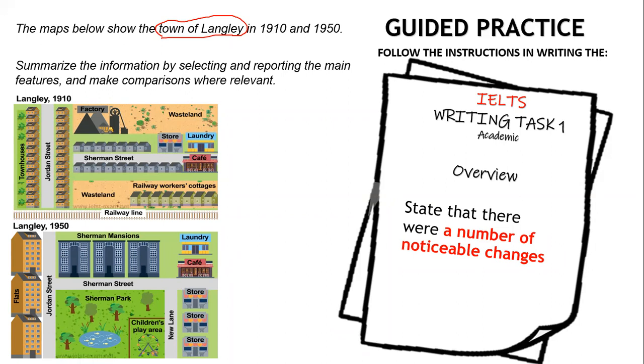So you can say from a small village, okay, to a modern town. To a modern town. Okay, this is okay, Trump. From a small village to a modern town. Okay.